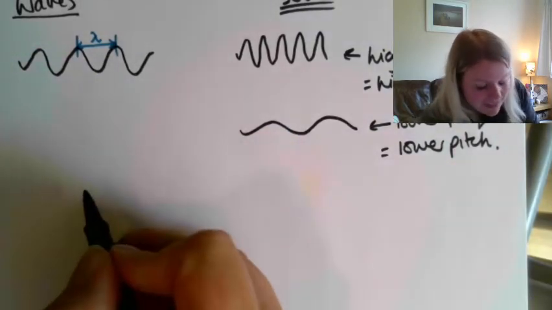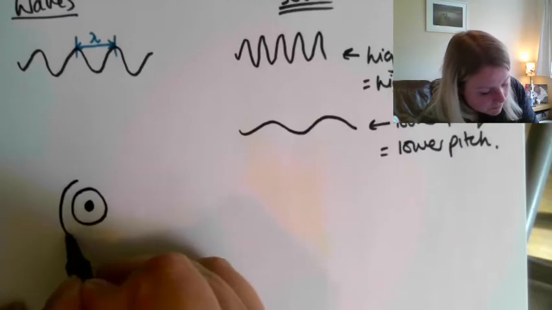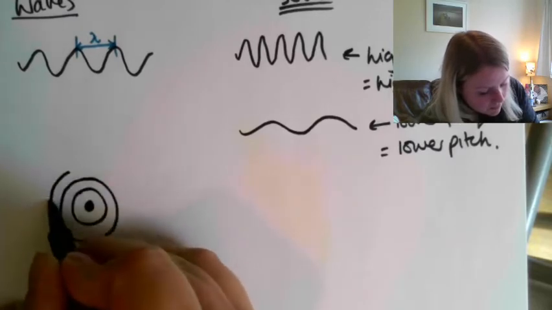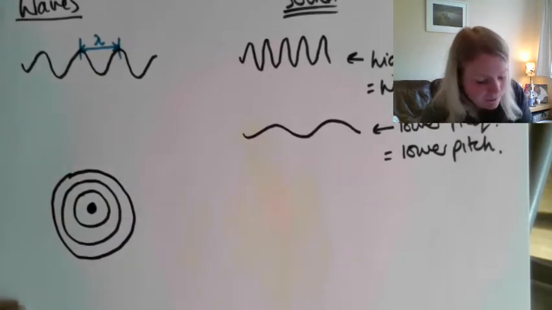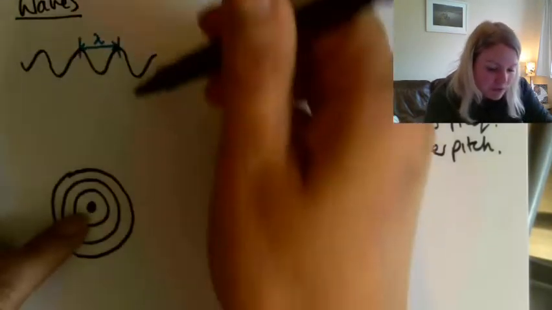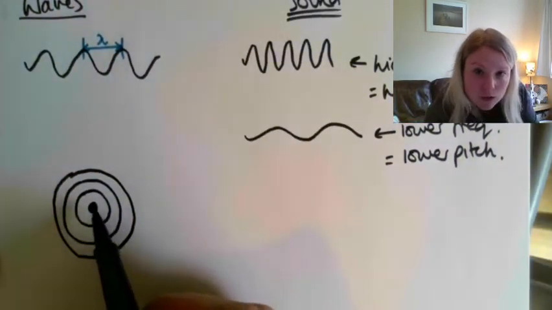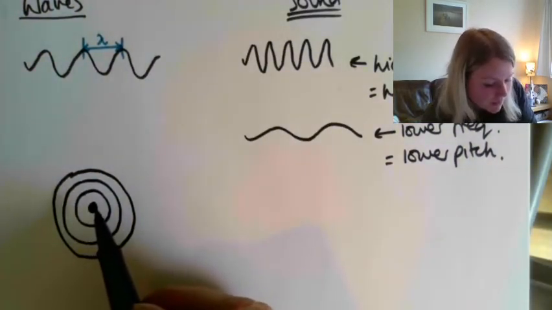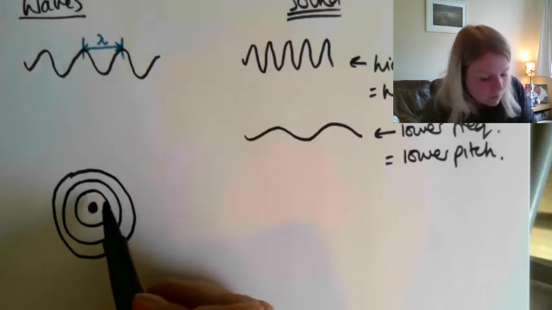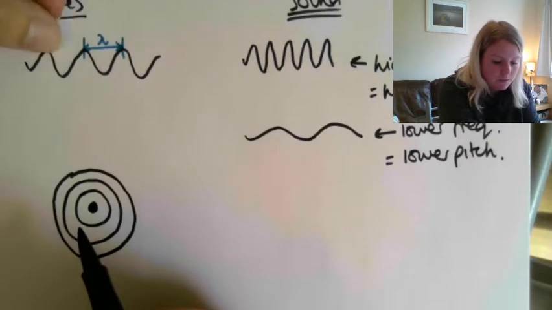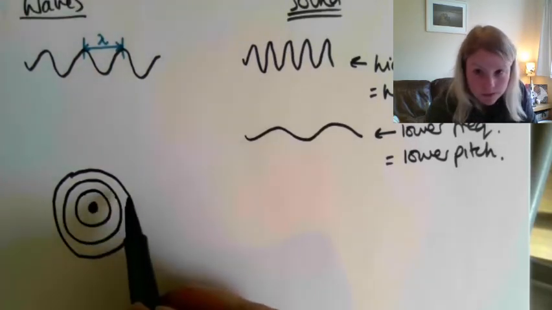And the way that we tend to draw that in diagrams is with these little concentric circles. Now, these lines that I'm drawing are as if we're looking down on this wave. So these lines here are all the peaks of the waves, and in the gap, in the center of the gap, would be all the troughs. So these, 1, 2, 3, would be the equivalent of 1, 2, 3.